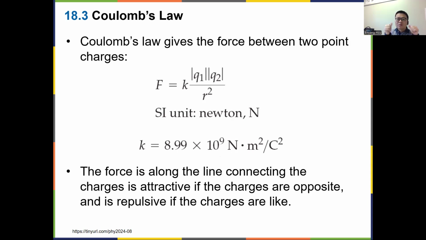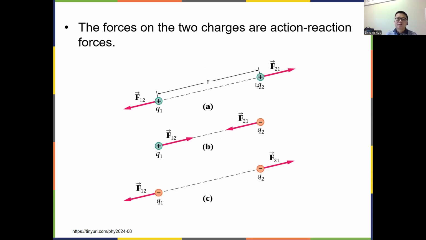If they are opposite charges, then they will attract each other and go towards each other. It's a convention: typically, if you have a repulsive force, we say the force is positive, and if you have an attractive force, we say that's negative.